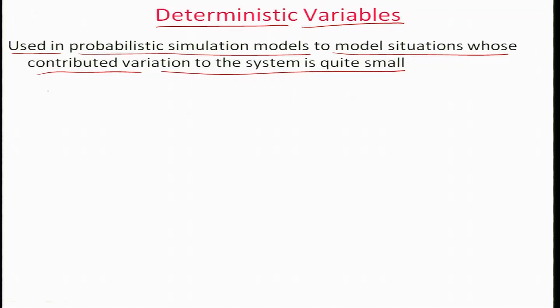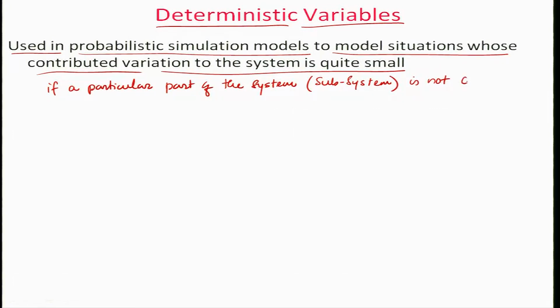So, if a particular part of the system, or let us call it a subsystem, is not contributing much, or let us call it negligible, to the overall system variability.